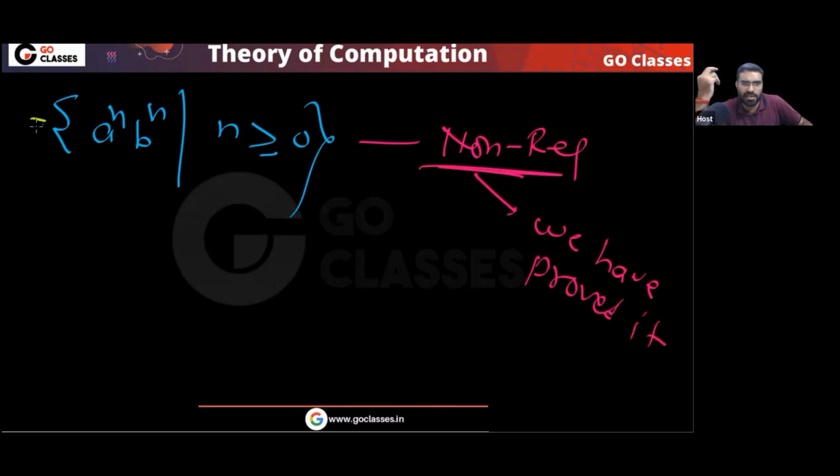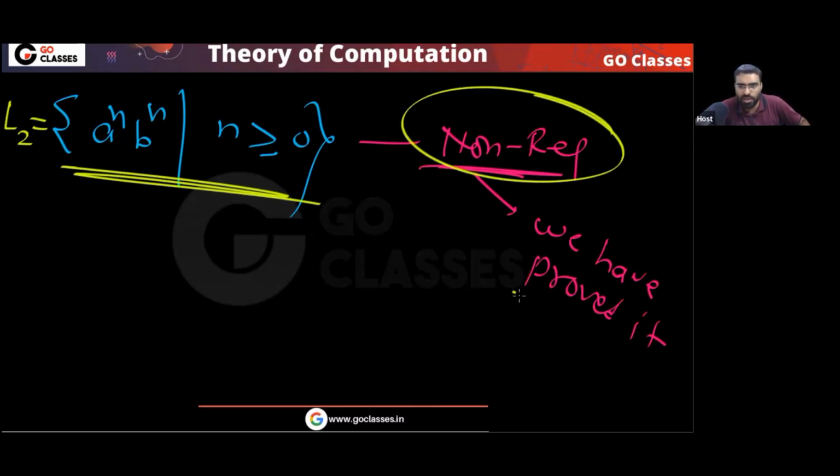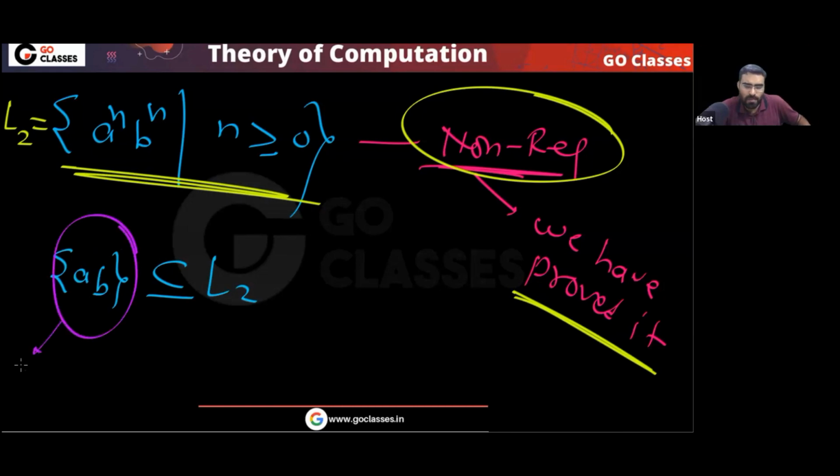Do you remember this language? Let's call it L2. So, do you remember this language is non-regular? We have proved it. But can you notice this L2 is a superset of this language. This is a finite language. This is regular.